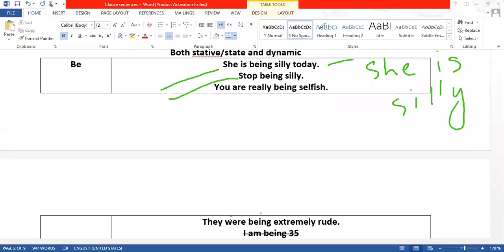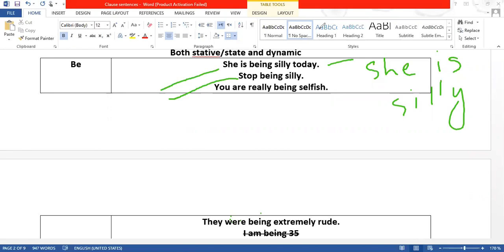If you tell somebody, you can use it as an action verb, but it will have a different meaning. For example, if you say you are selfish, or you are really being selfish, it means that you are selfish, but at this time you are really being selfish.